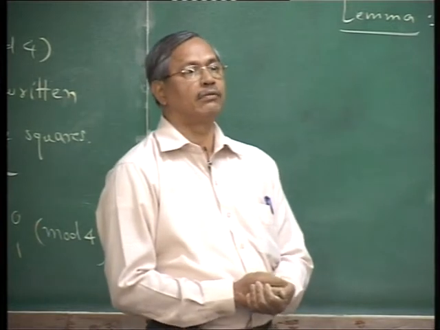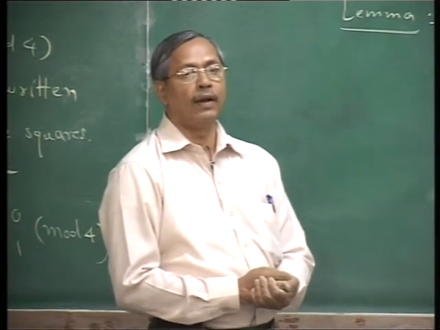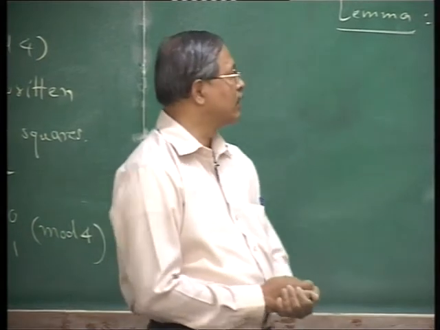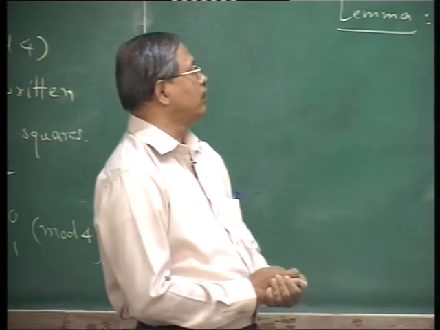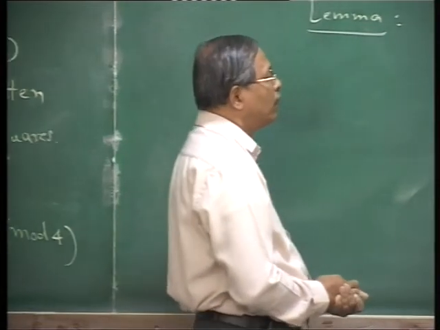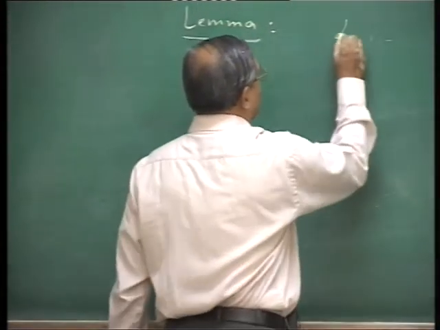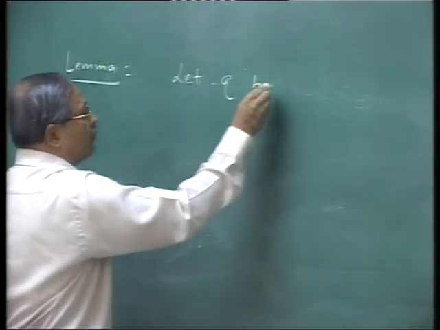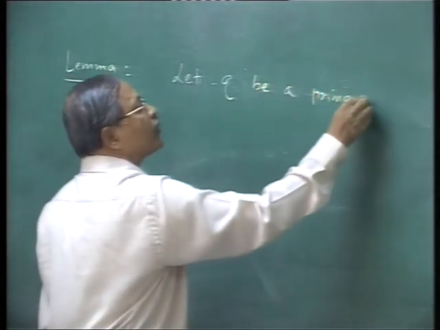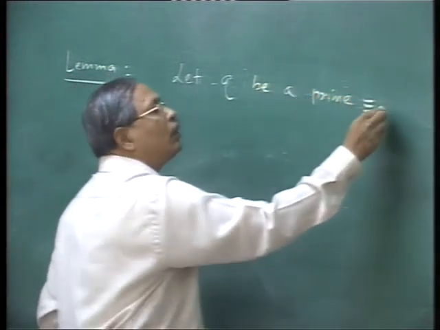If q divides a square plus b square, then q will divide a and q will also divide b. That is the result that we want. Here we are assuming that q is a prime of the form 4k plus 3. So let q be a prime congruent to 3 mod 4.